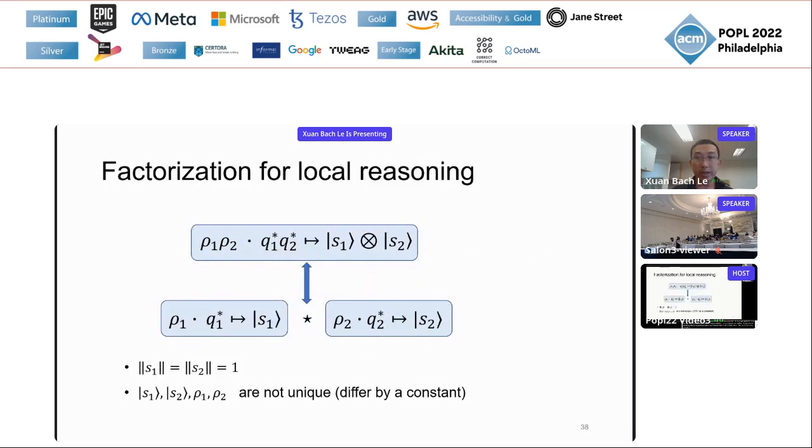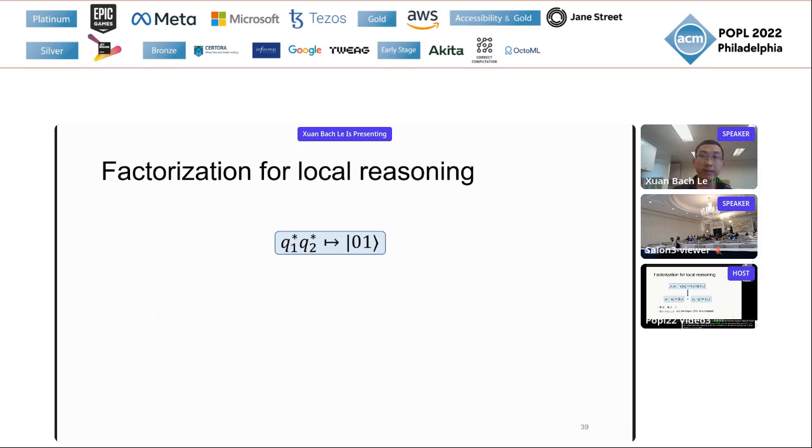If we can factorize the combined state of Q1 and Q2 into the tensor product of two normalized states S1 and S2, then we can separate the state of Q1 and Q2. Furthermore, the probability is split via multiplication into rho 1 and rho 2. Notice that the factorized vectors and the probabilities are not necessarily unit and can differ by a constant.